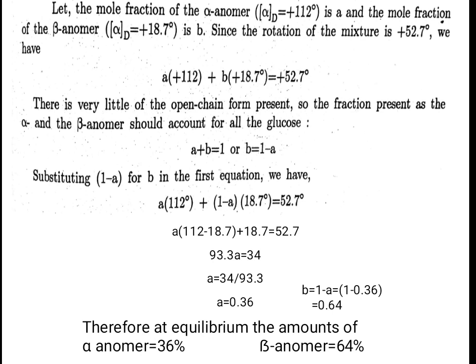So let the mole fraction of alpha anomer be A and the mole fraction of beta anomer be B. Since the rotation of the mixture is plus 52.7 degrees, we can write that A into 112 plus B into 18.7 will give this 52.7.